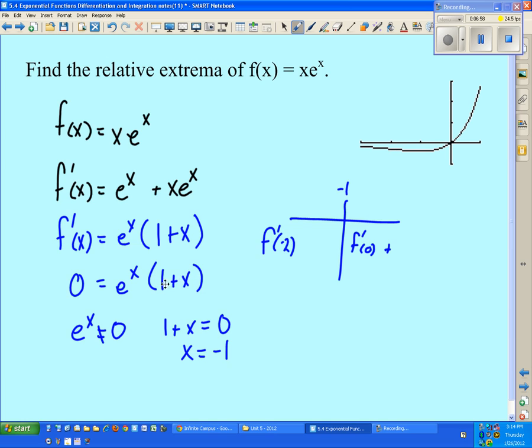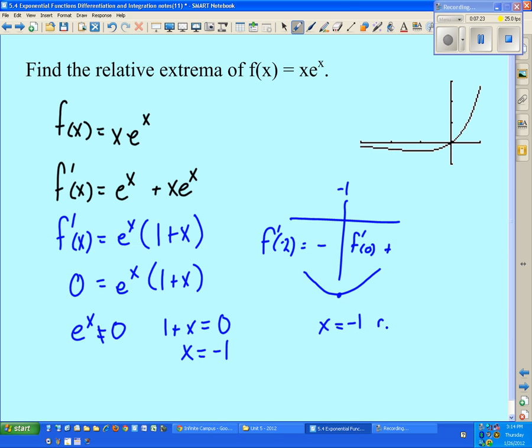And remember, it doesn't matter what value of x I put in here, e to the x is still going to give me a positive number. So e to the negative 2 is positive. So I have a negative times a positive, which means I end up with a negative number. So my graph is decreasing and then increasing at negative 1. So that means that x equals negative 1 is a relative minimum.